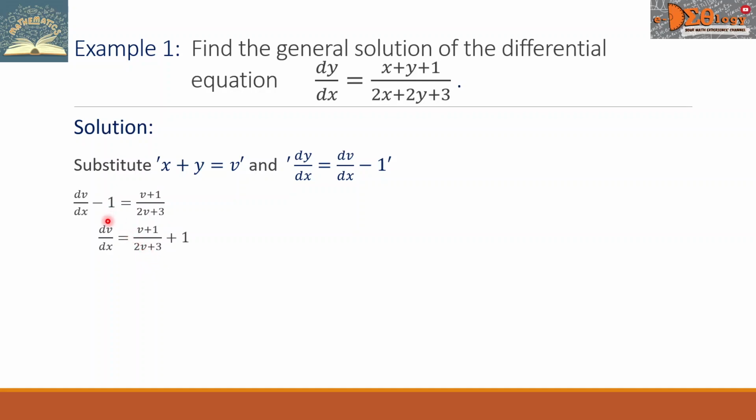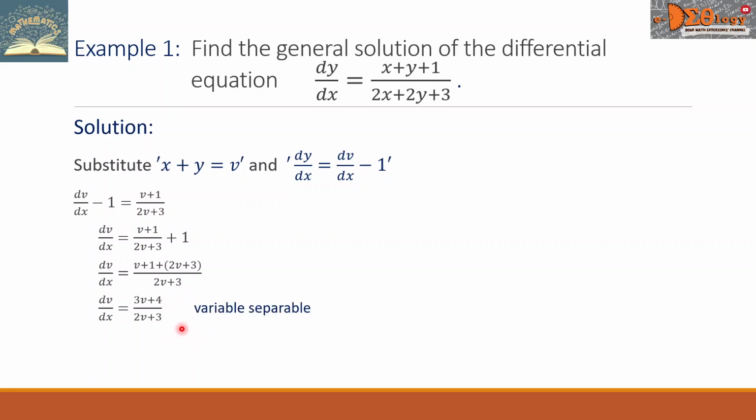Then we isolate the dv over dx. This negative 1 we transpose to the right, and it becomes positive 1. Then we combine this fraction by the whole number 1. So it becomes like this. Then we will simplify the numerator into 3v plus 4, and our denominator is the same, the 2v plus 3.